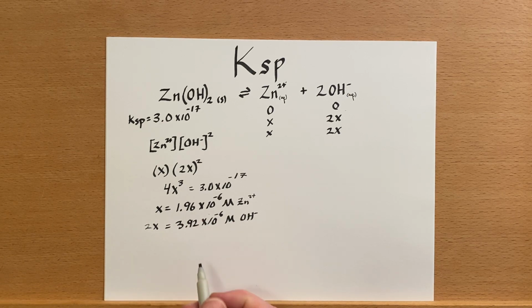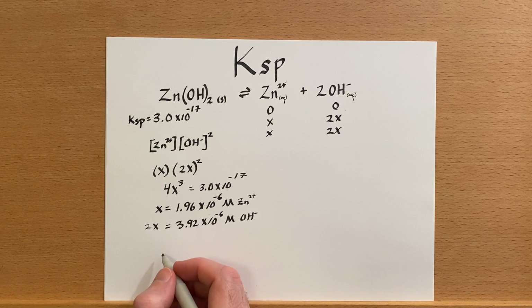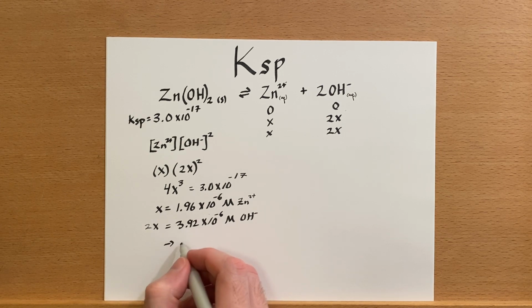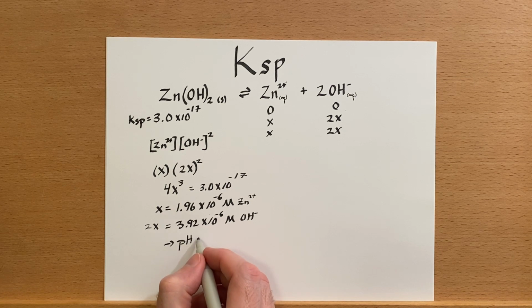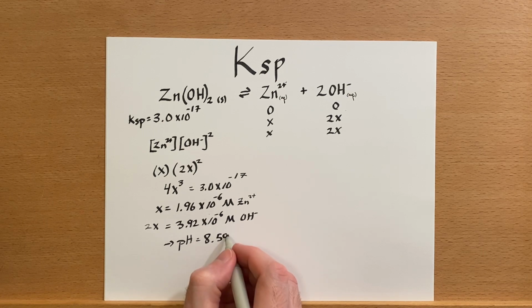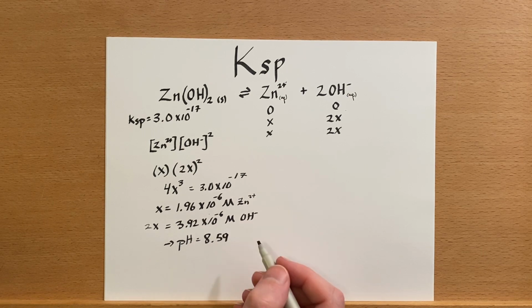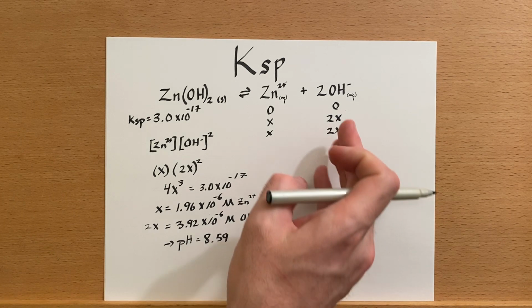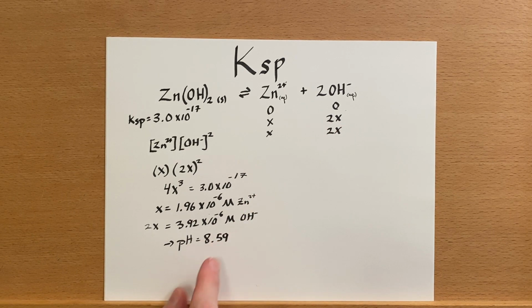This is a base, and so we should expect a basic pH, and indeed we do have one. The pH of that solution is 8.59, and that does match with our expectations. Since this is a base, that is slightly above pH 7.